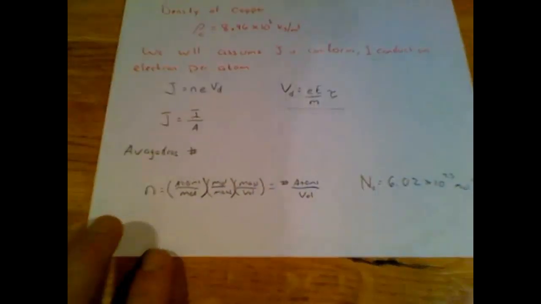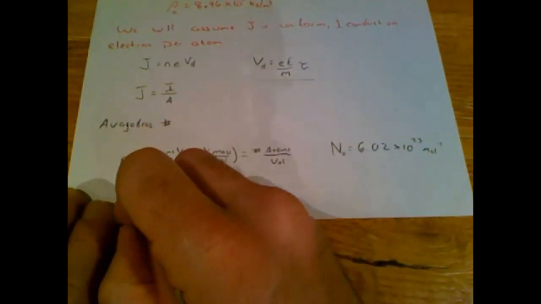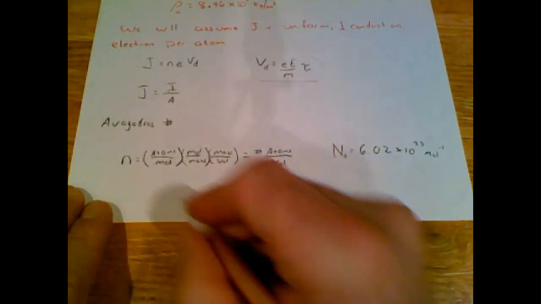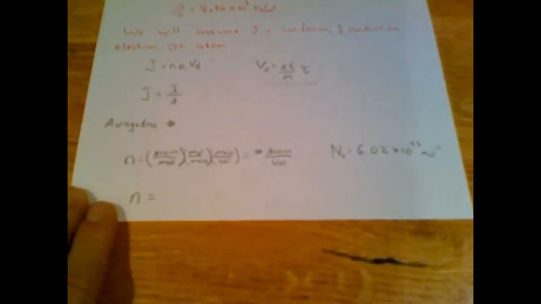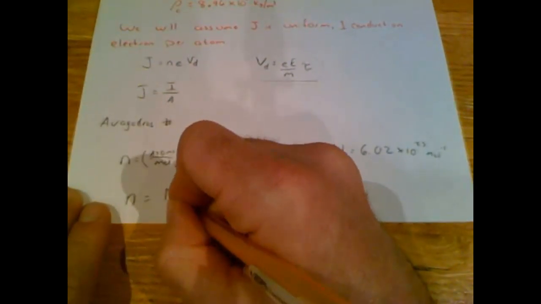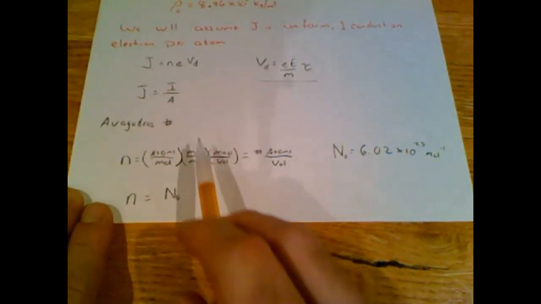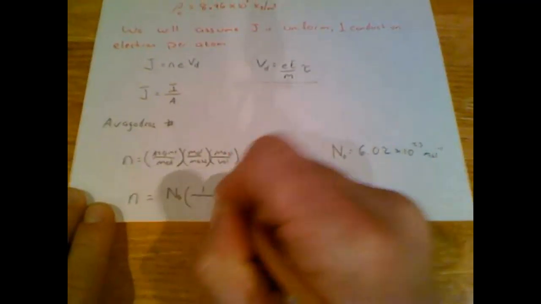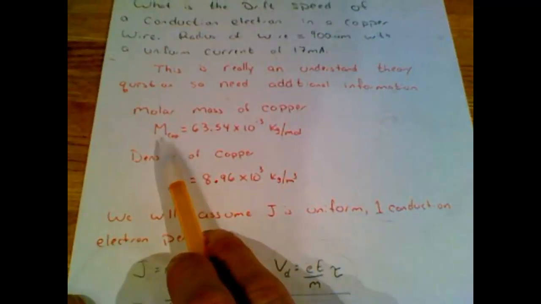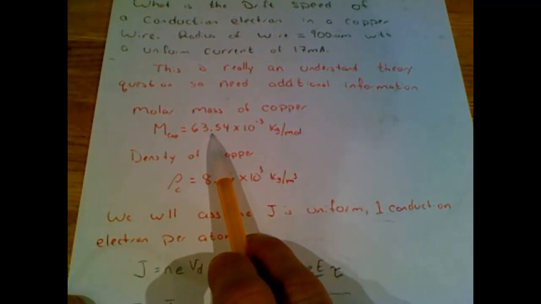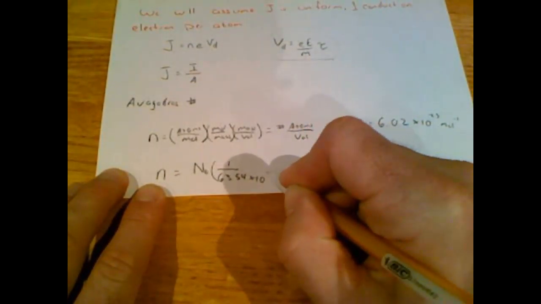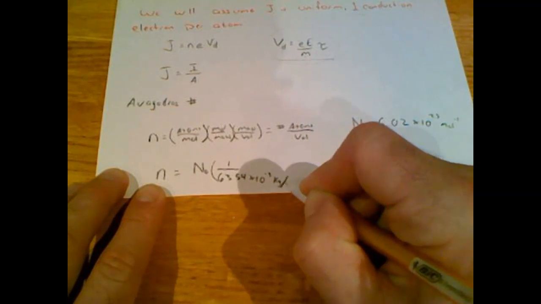So to get my n, my little n, my number of charge carriers here, I'm going to say n is equal to Avogadro's number, N naught, times, I want my molar mass, right? So this is going to be times 1 over the molar mass of copper, 63.54 times 10 to the -3rd, and that is kilograms per mole.